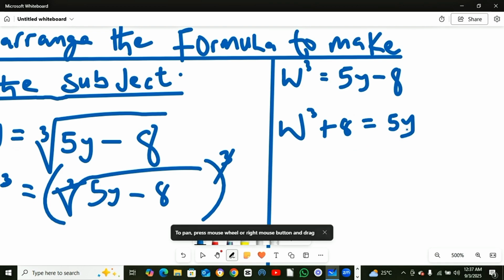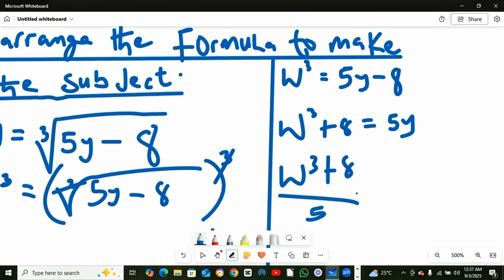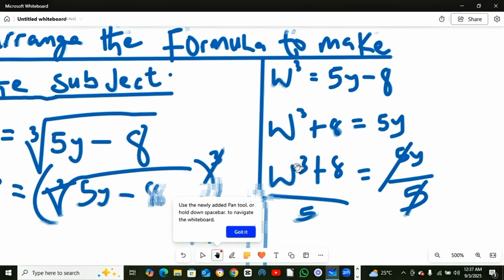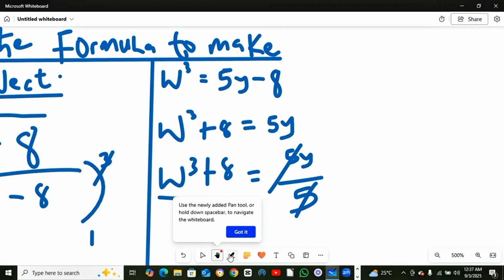So now we want to make y the subject, we have to eliminate this 5. So we divide this 5y by 5, and do the same thing here. So this becomes w cubed plus 8 divided by 5 equals 5y divided by 5. So this 5 cancels this 5. And move it to the other side.